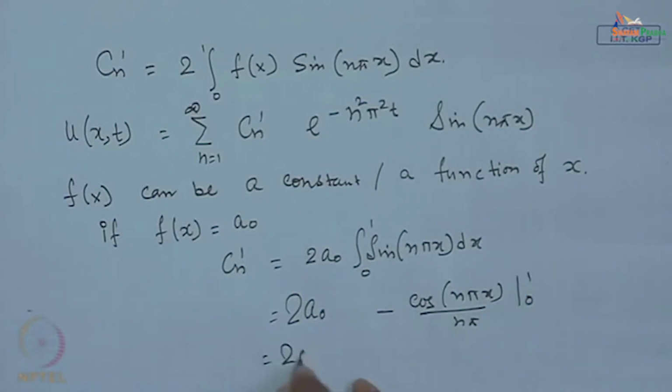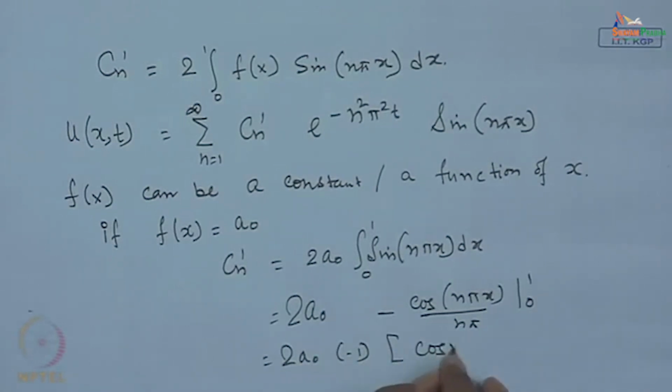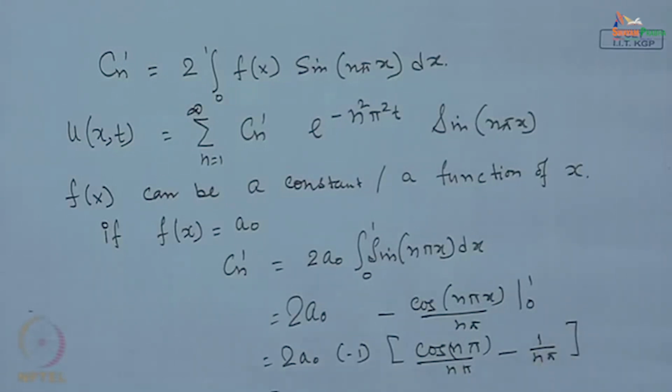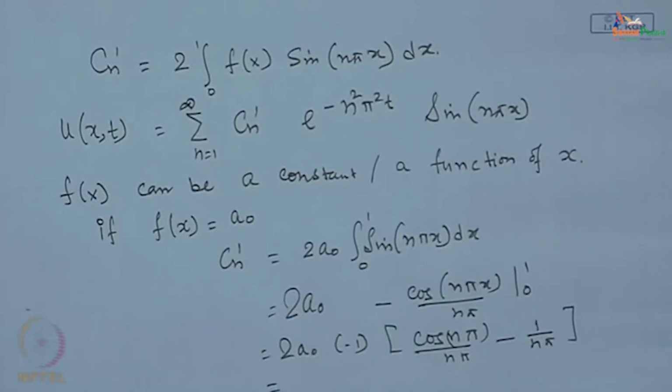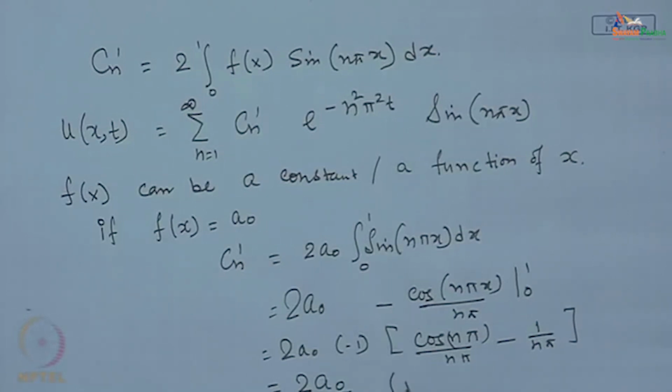So, 2 a 0 with a minus sign, it will be cos n pi divided by n pi minus cosine 0, so it will be 1 over n pi. You can absorb the minus sign inside, and it becomes 2 a 0 over n pi times 1 minus cosine n pi.